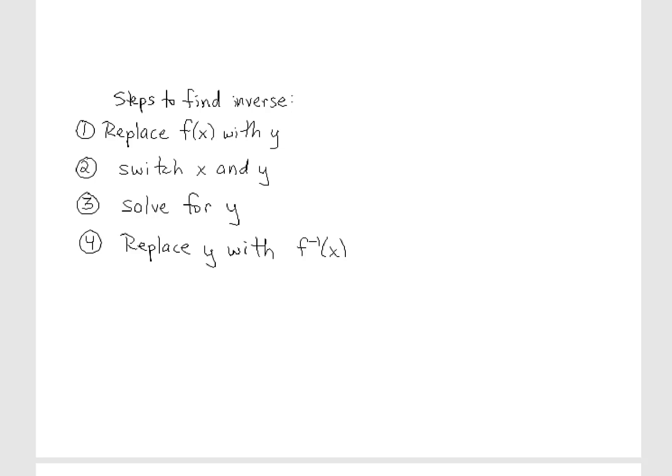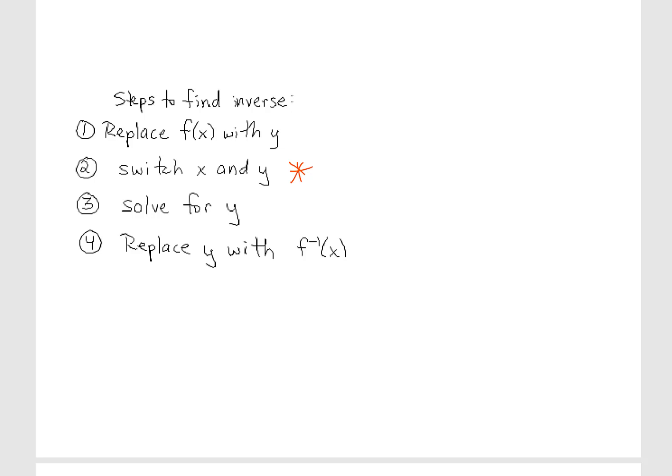But now when we actually have the function written out as an equation, we can also write the inverse function as an equation too. So notice that the very first thing you'll do is replace f of x with a y. Then you'll switch the x and y, which I think is sort of your reminder of what you're doing. So let's say you see it and you're like, man, I don't even know where to start.